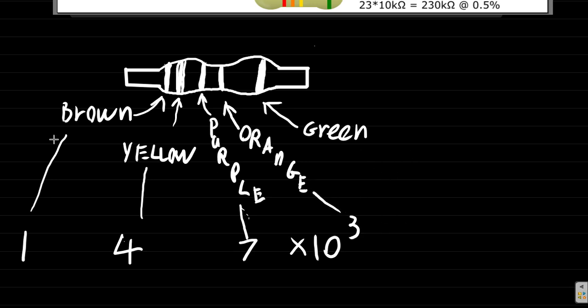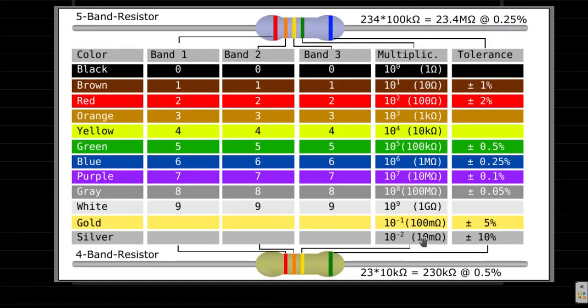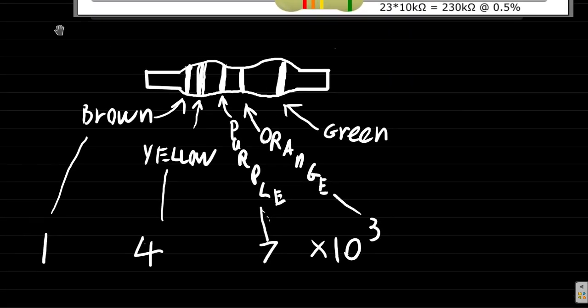Then the last color is green. So that will be the multiplier, I mean the tolerance. So your plus and minus. And remember the word tolerance, it means what you're going to tolerate. How much are you going to tolerate in terms of deviation from the average resistance?